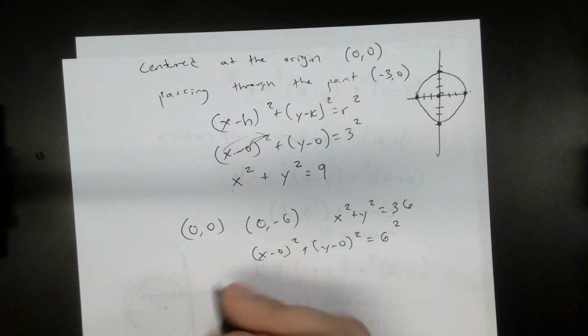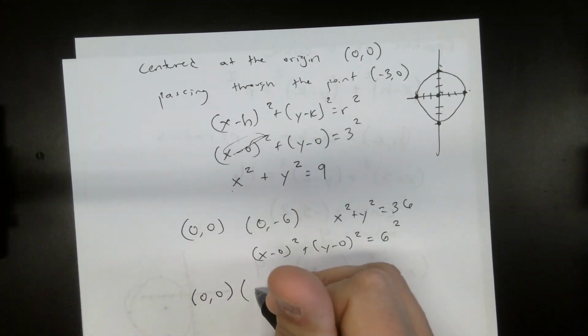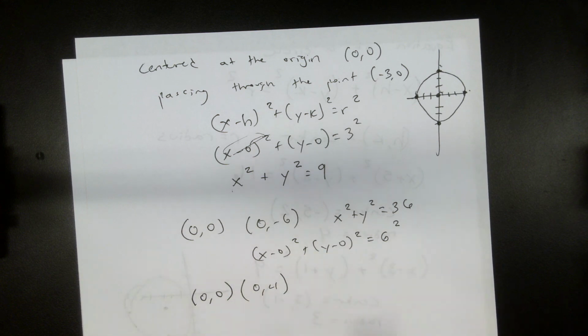So once again, if it says it's centered at the origin, I want you guys to do this one on your own. The circle passes through the point 0, 4. I want everyone to come up with that.